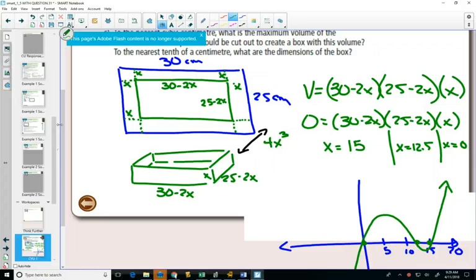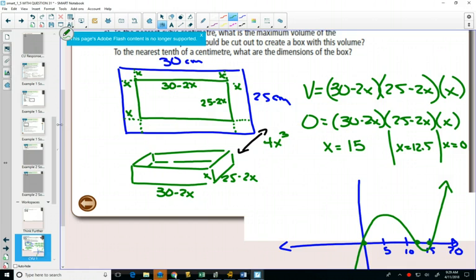Well, I would have no paper left to cut out. Can you see that the biggest square that you could cut out would be 12.5? If you cut out 12.5 this way and 12.5 this way, your 25 is all used up and you just have a thin piece of paper with no volume.